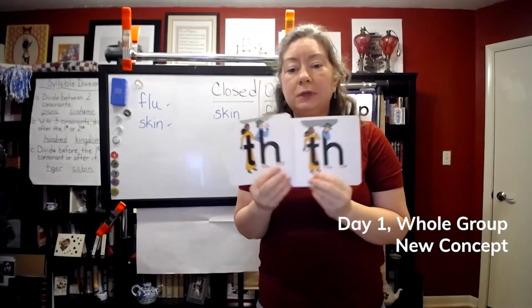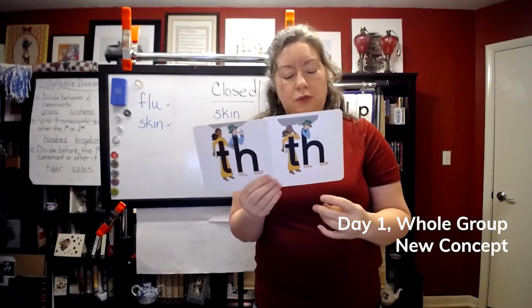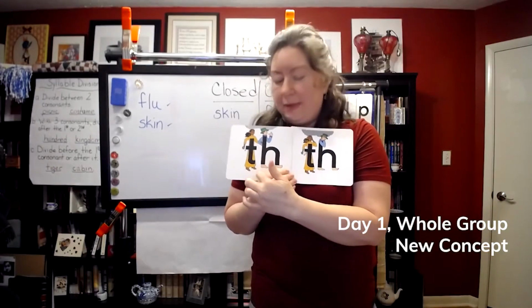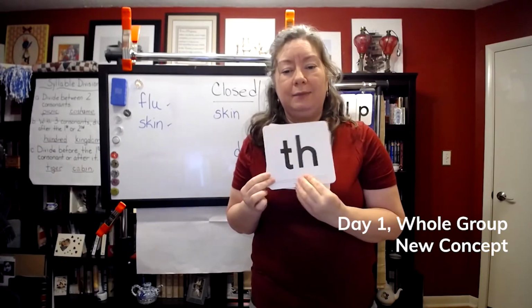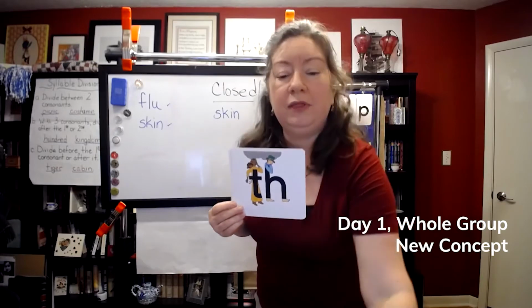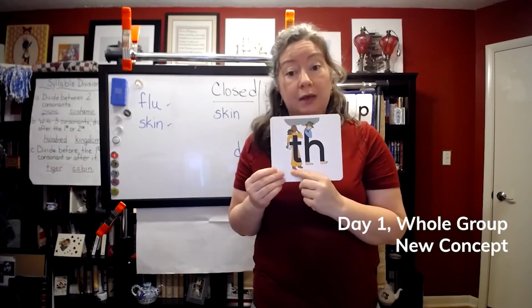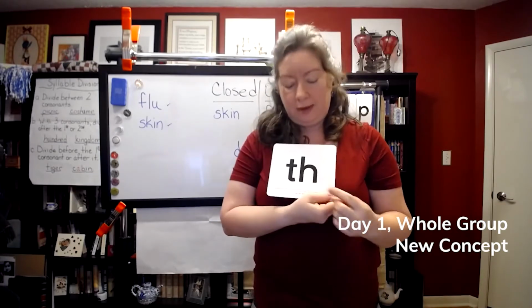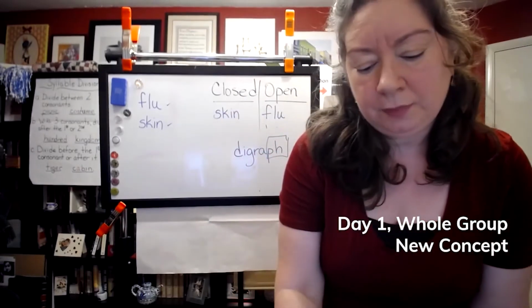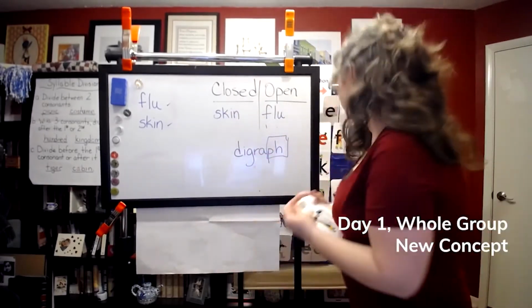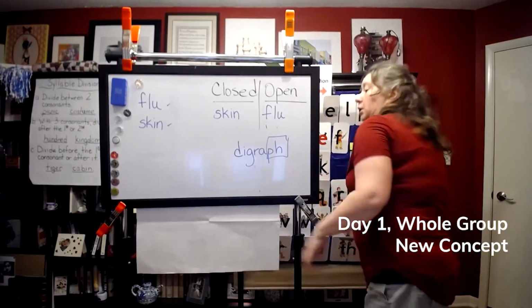We have a voiced one and we have an unvoiced. So the voiced makes the sound. Talking Tess and Hairy Hat Man say that, but the unvoiced, or the quiet sound, Talking Tess and Hairy Hat Man make the sound. Nice job. Okay, let's build some words.